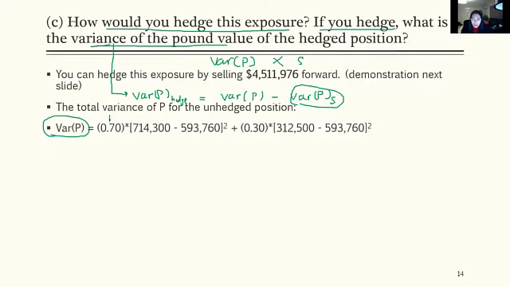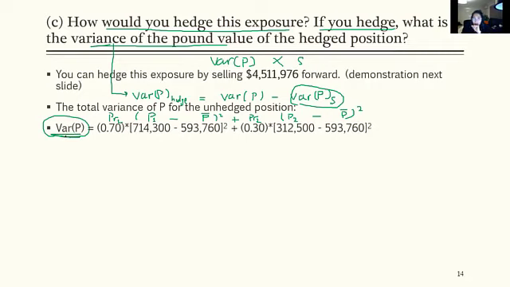So here I've got probability 1 for scenario 1 times P1, which is the value of the asset in scenario 1, minus P bar squared, plus probability 2 times P2 minus P bar squared, okay? So this will give me the total variance of my position.